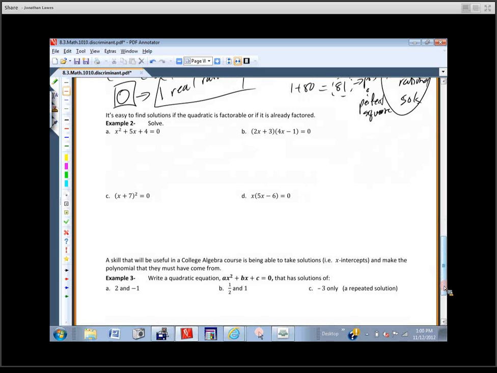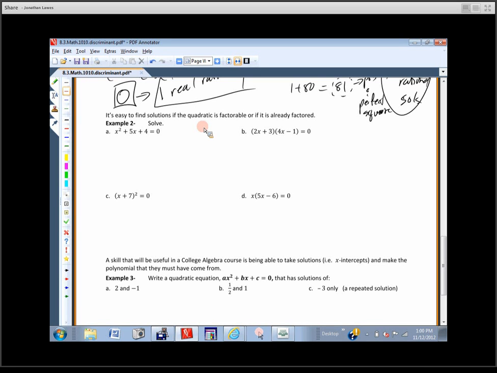Okay, now it gets kind of interesting and a little bit easier. The easiest way to find solutions is if the quadratic is already factored, or if it's easily factorable. So we talked about this last time. First on our list is we get everything on one side, set it equal to 0. If it's already got a perfect square, you can just take a square root. If it's not a perfect square, try and factor it.